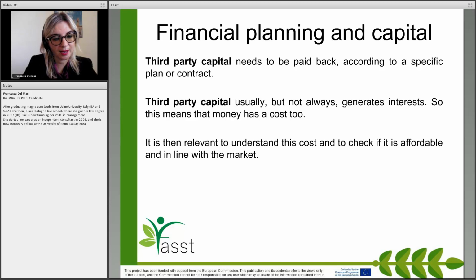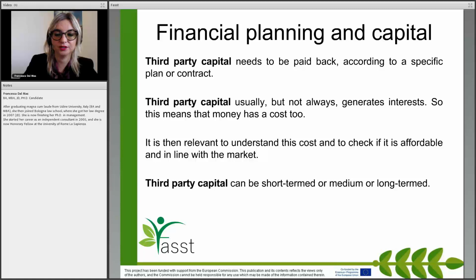So this means that money has a cost too, and we need to be ready to pay this cost back. So it is relevant to understand how much this will cost us and to check if it is affordable and in line with the market. The suggestion here is to investigate the opportunities to borrow money at a reasonable cost.